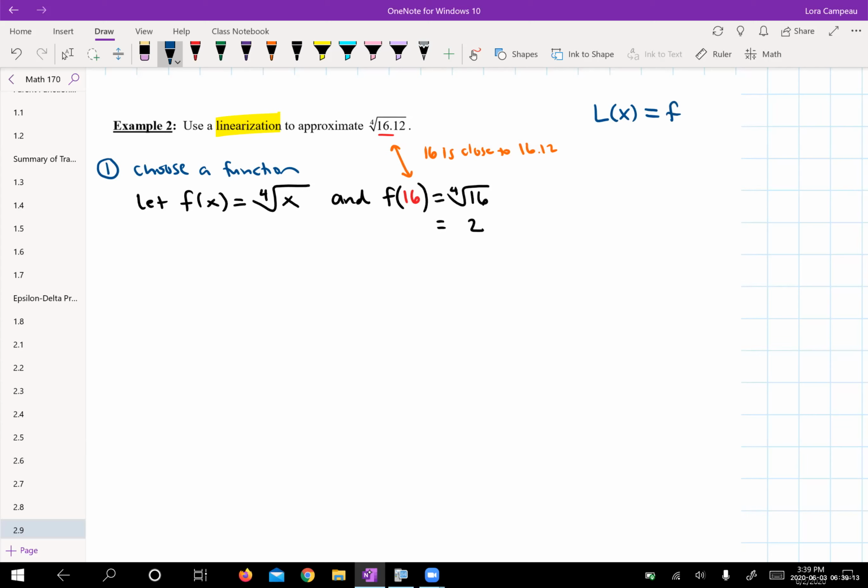That's f of a plus f prime of a times x minus a. If we want to play with this function, I want to be able to find f of a, and I think I have that already. I also want to find the derivative of my particular function. So that's the second thing we want to play with. Let's calculate that derivative.